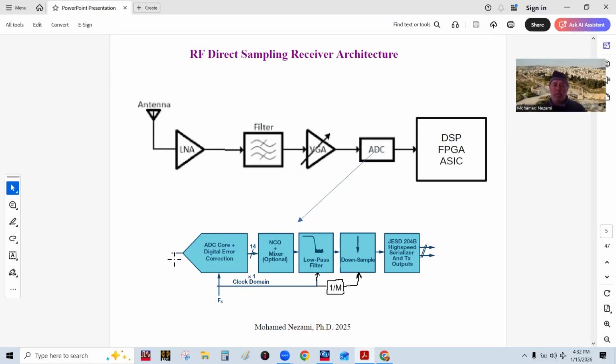Either way, if you take the FFT of the signal that you're capturing in the digital domain, it will not be sitting at baseband, meaning 0 Hz. So the first thing we need to do is use a numerically controlled oscillator in the DSP section and multiply by a DDS sine wave and cosine wave.